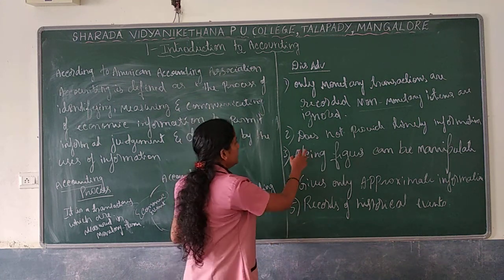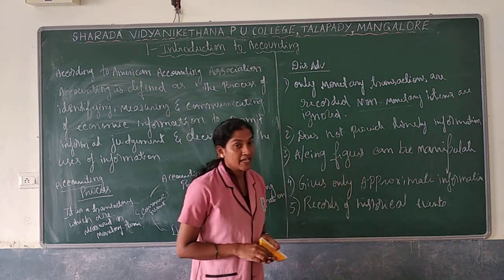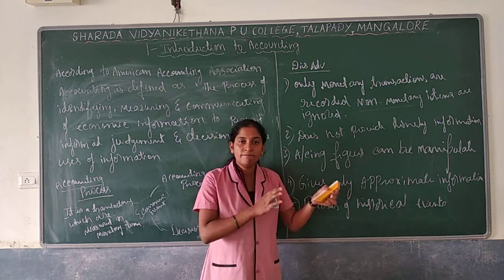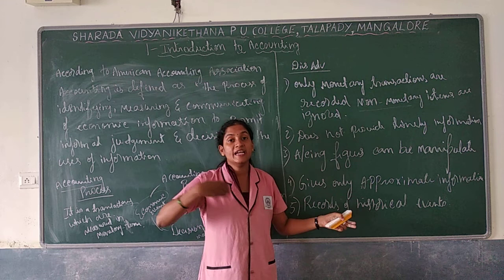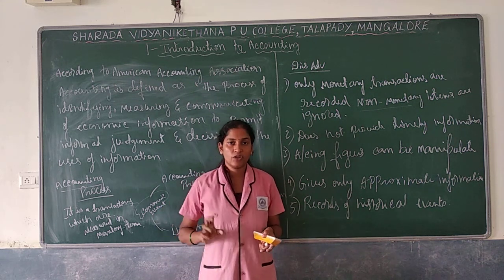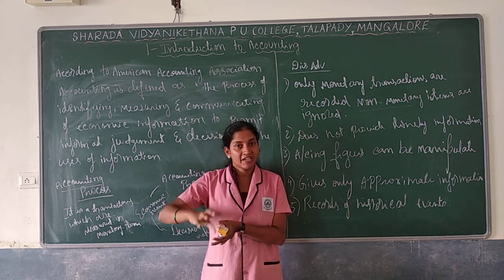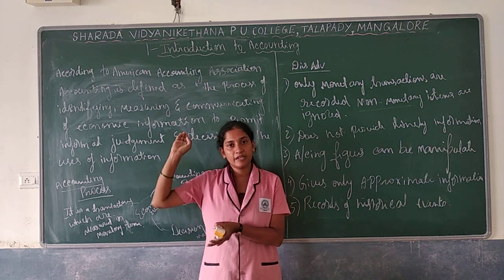Next, it does not provide timely information, because after the transactions like purchase and sale are done, later on we write them and prepare the final accounts at the end of the year.